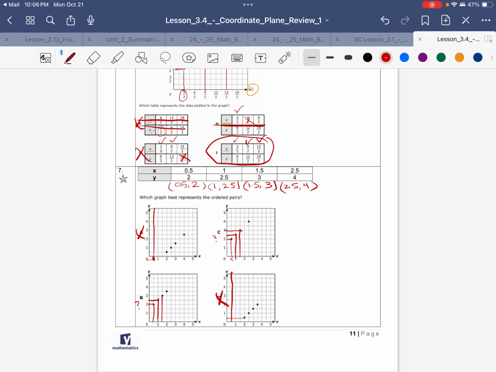This one here, also safe. Now we have 2.5, 4. So 2.5 would be here. Oh, and this one actually does have 4, and this one's on 2. Look at that. So that's wrong, because 2.5 would be here. There's no line, no point there. All right, so our answer would be C.